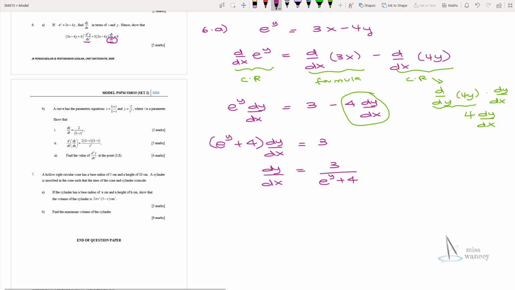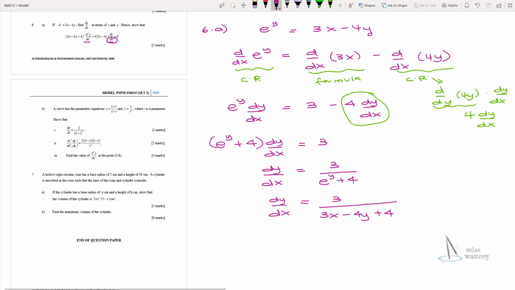Okay, so they want us to write them down in terms of x and y. So I'm going to replace e^y. So this is 3 over 3x minus 4y, and then we got another extra term plus 4. So this is dy over dx.